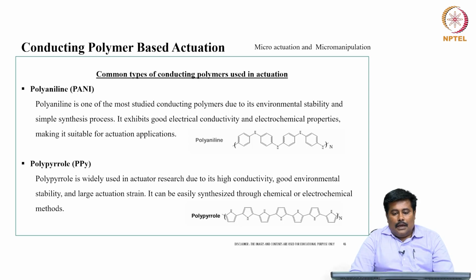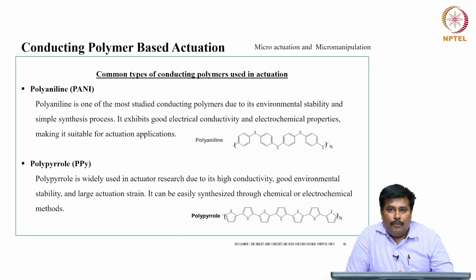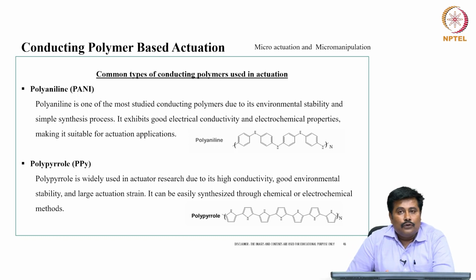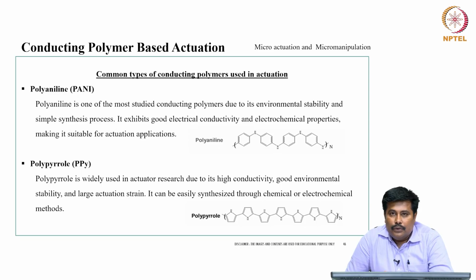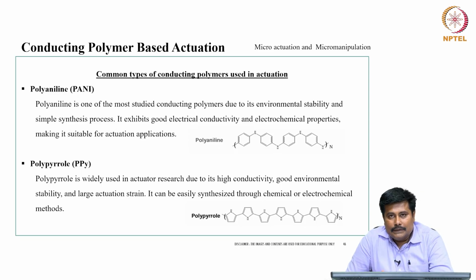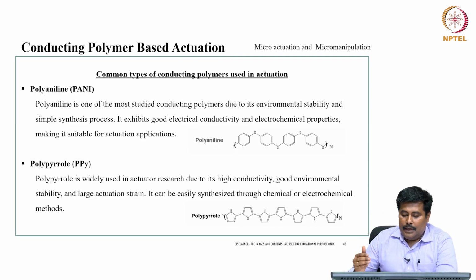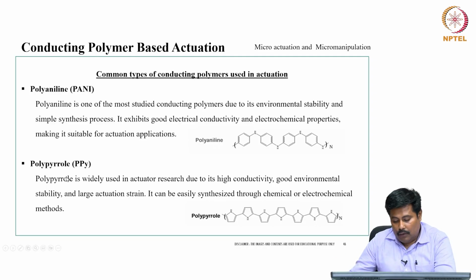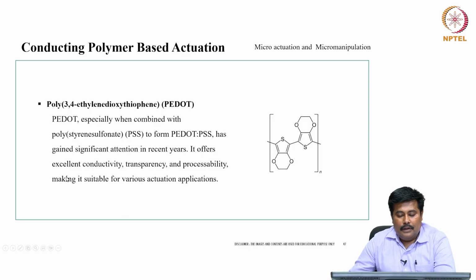It exhibits good electrical conductivity and electromechanical properties, making it suitable for actuation applications. Polypyrrole is widely used in actuator research due to its high conductivity, good environmental stability, and larger actuation strain, and it can be easily synthesized through chemical or electrochemical methods.